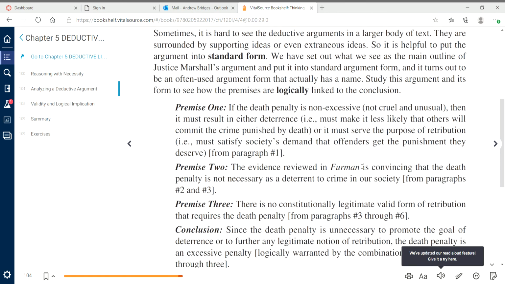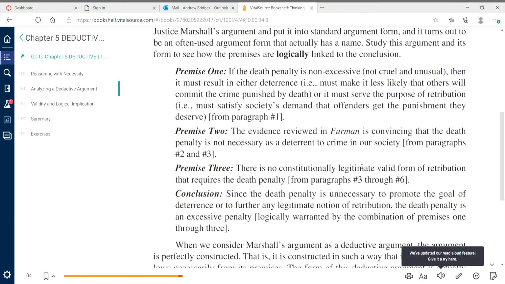And let's go over his argument. And this kind of summarizes it here. So premise one, and we've been practicing putting arguments into these types of premises, so this should be pretty familiar. If the death penalty is not excessive, not cruel and unusual, then it must result in either deterrence, i.e., must make it less likely that others will commit the crime punished by death, or it must serve the purpose of retribution, i.e., must satisfy society's demand that the offender get the punishment they deserve.